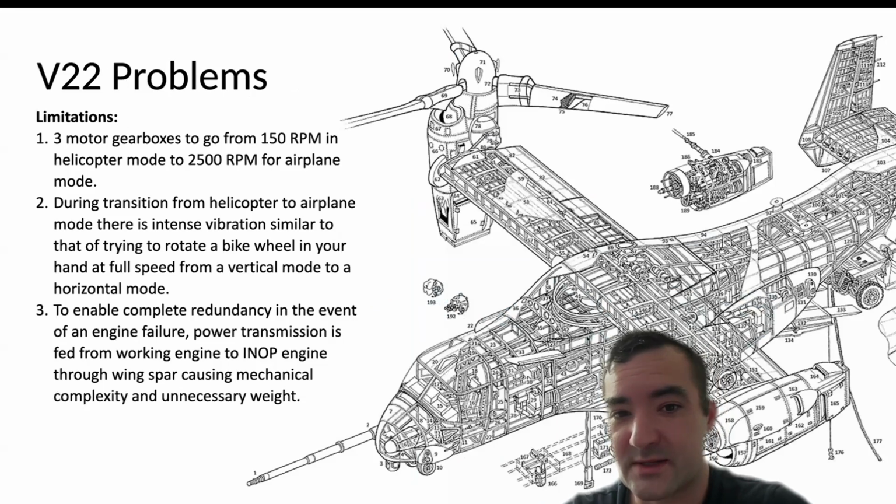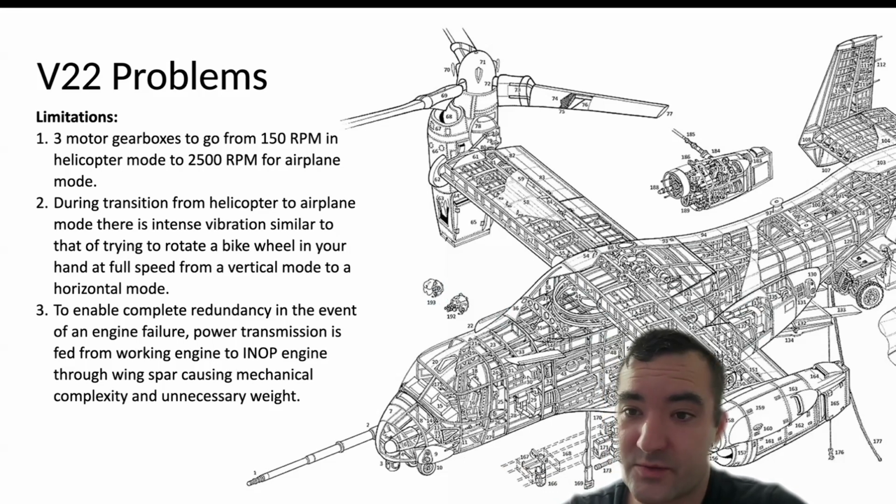So the V-22 Osprey, it's used in military configurations right now. And you can see this is just a cutout of the aircraft in terms of its support systems as well as the motor. But there's really three limitations that I wanted to talk about in terms of this particular aircraft.